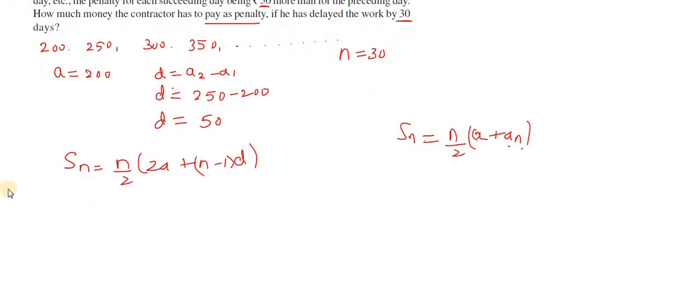So therefore S30, which is equal to 30 by 2 into 2a, a value is 200, plus n minus 1, n is 30, minus 1, into d, d is 50. Okay.